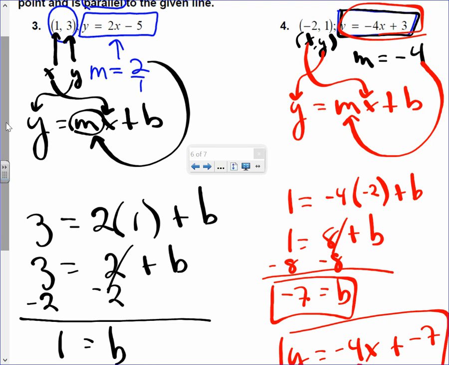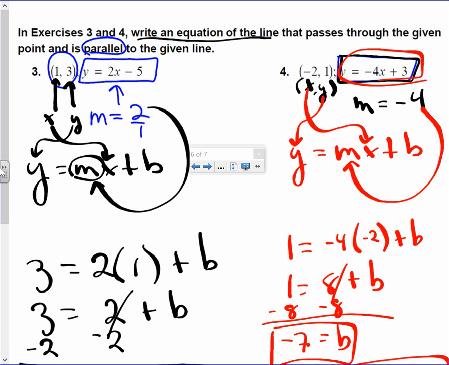Well, look at the question: write an equation of the line that passes through the given point and is parallel with the given line. They're giving us a line. They want us to create another equation of another line that passes through this point, but is parallel with that one.